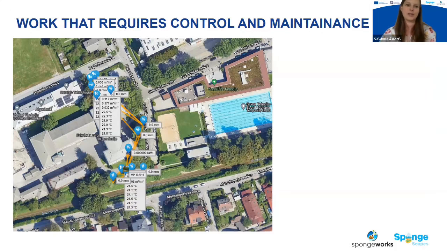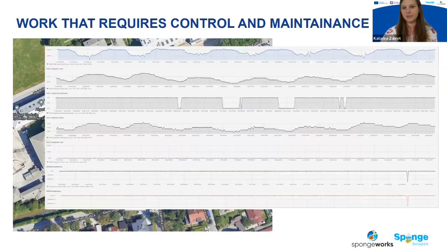Here in the figure, you can see the example of a data cloud for our research plot that I showed at the beginning. All the sensors are connected, and we can get real-time data and check if all the sensors are working properly, and it can be done from the office or from home. All the issues and malfunctioning can be observed very quickly.